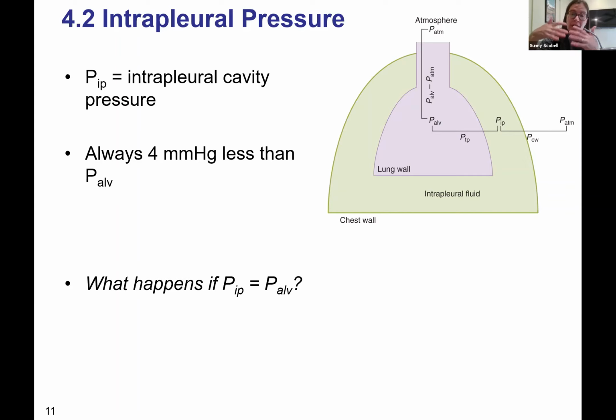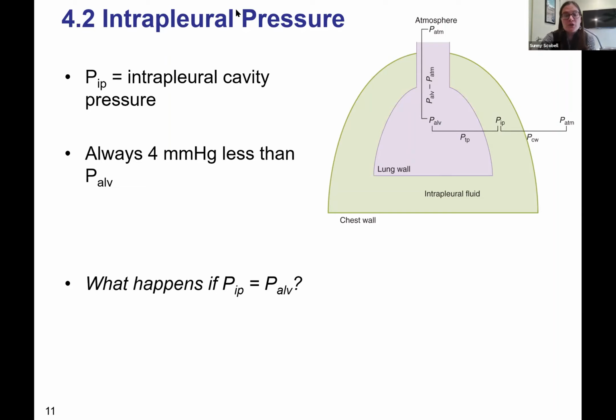And the hydrogen bonds amongst the water molecules are going to have that cohesive force and then adhere to the walls. So as you pull that chest wall out, you pull the parietal pleura out, the water wants to go with it, and the water will pull on the rest of the water. And then that'll pull on the visceral pleura. And then that pulling is going to pull on the lung wall. And that's going to hold the lung wall open. So that negative pressure in there keeps that lung open.